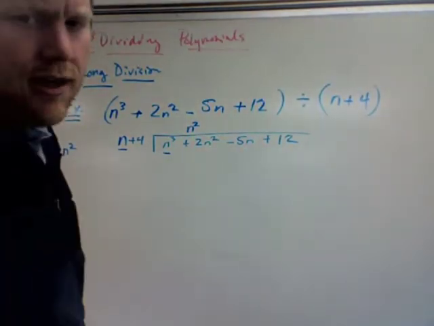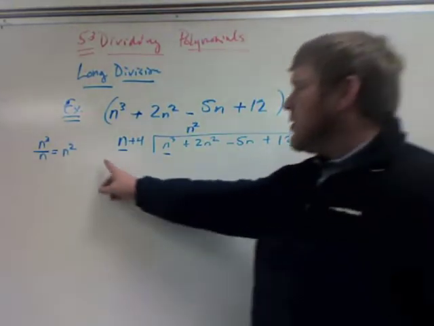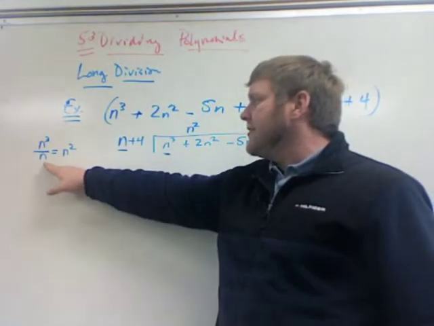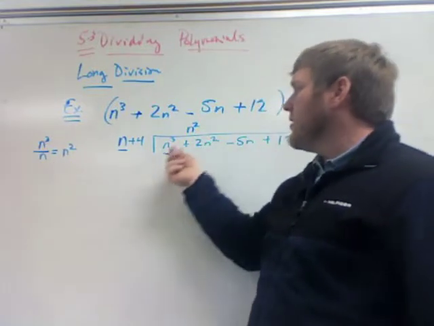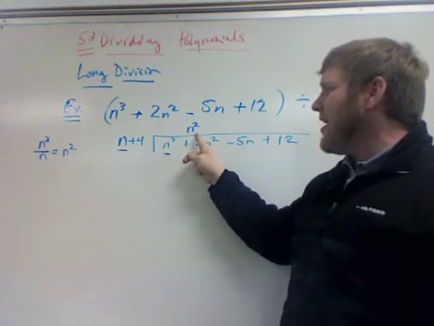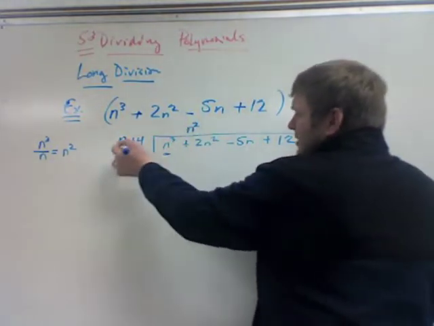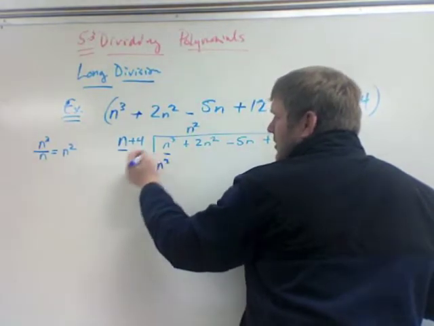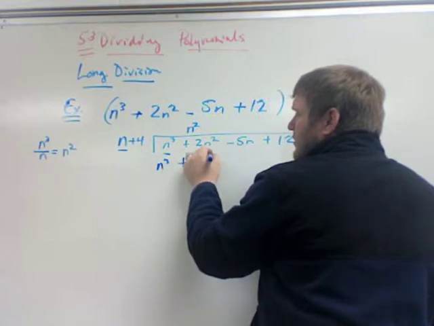So I compare the first terms over here. I get n cubed divided by n equals n squared. That becomes my multiplier on top. Now I take that value and I distribute it through here. Okay, so I take n squared times n, I get n cubed. N squared times 4, I get 4n squared.